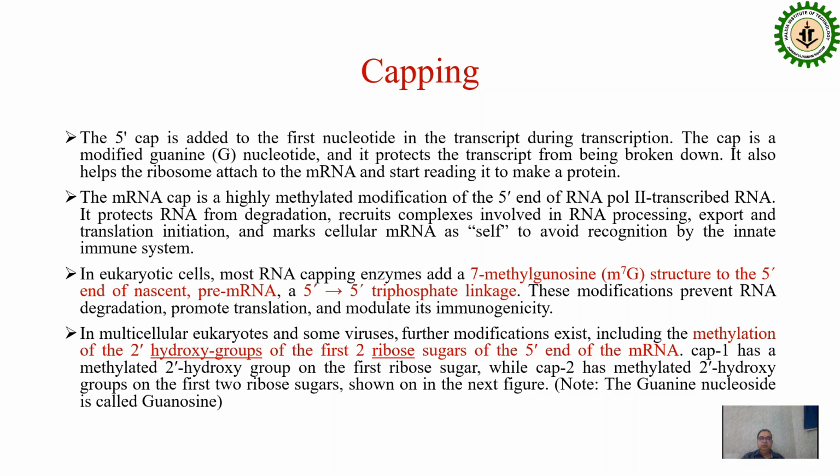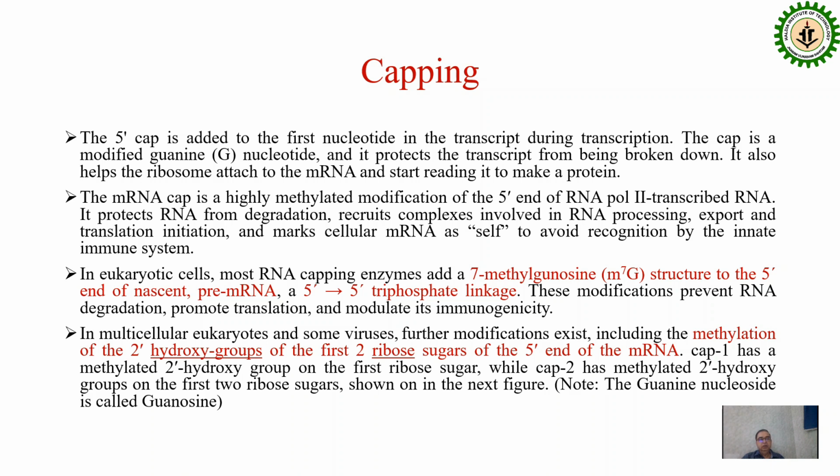Okay, so there is 7-methyl guanosine structure in the 5' end of the pre-mRNA, and this linkage is 5' to 5' triphosphate linkage. So this one I will show in the next figure, where it will be very clear the type of linkage.